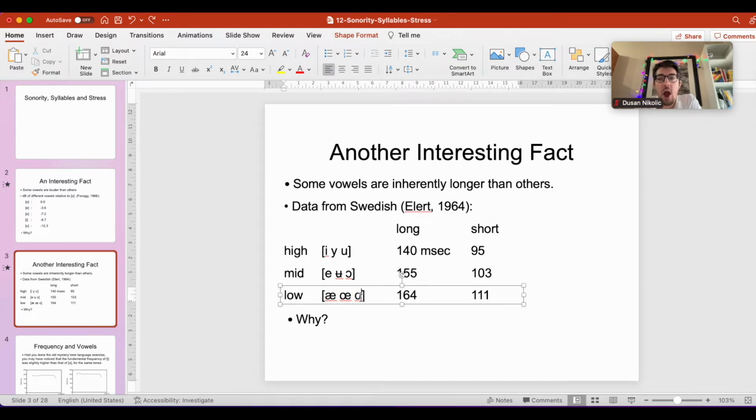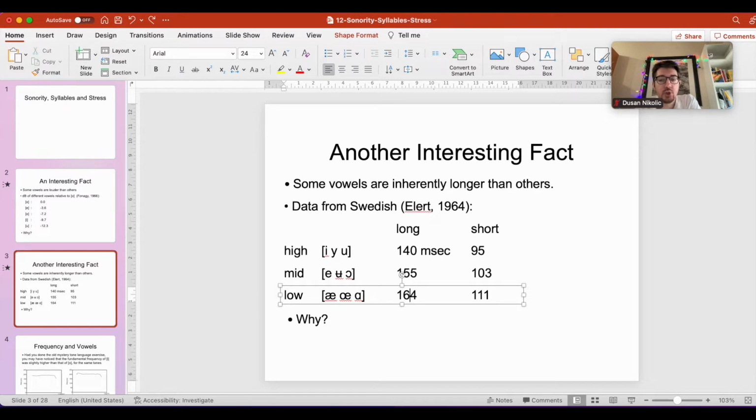So A, or this vowel here that we haven't talked about, are all longer in duration, and the reason is basically the same. Intuitively you understand, because you have to open your mouth more.